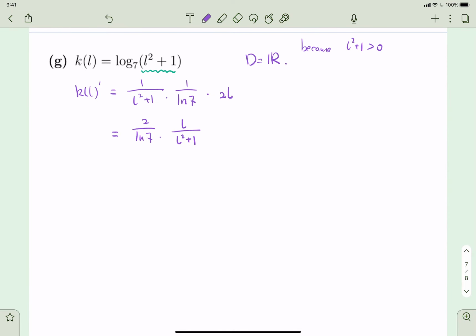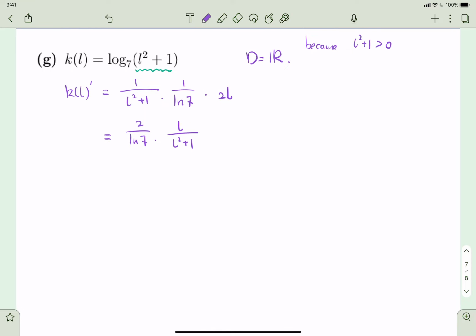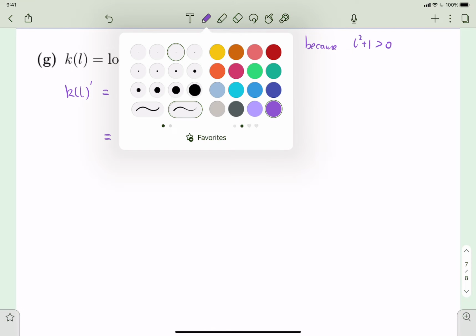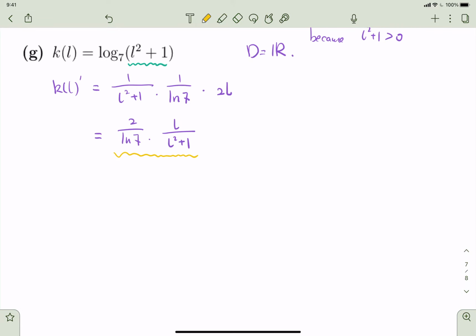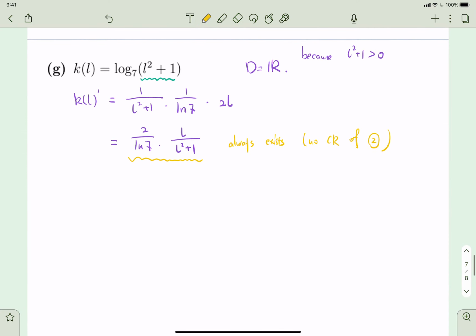Now we can say that this thing always exists because the denominator cannot be 0, it is L squared plus 1, right? So it always exists. Means that there are no critical numbers of the second type, because it always exists.